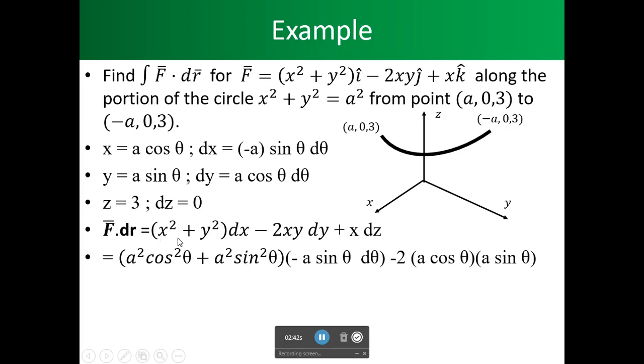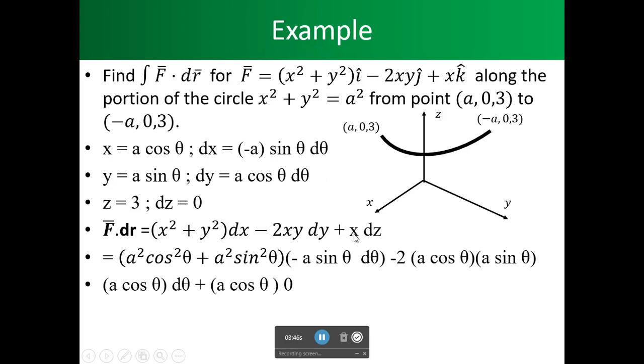So we're going to substitute for x squared, as we mentioned up here, a squared cosine squared plus a squared sine squared, this is our y squared. dx is equal to minus a sine theta d theta, minus 2, and then x is a cosine theta, y is a sine theta, and we have our dy is a cosine theta d theta.